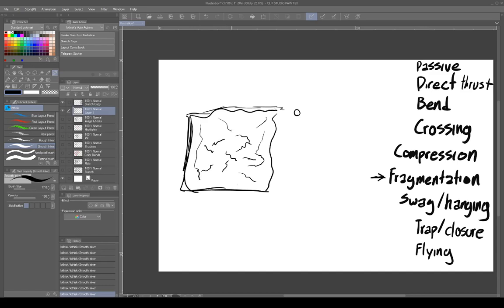And probably the best way to replicate folds like these is to study something that's really wrinkly. What would be really wrinkly?